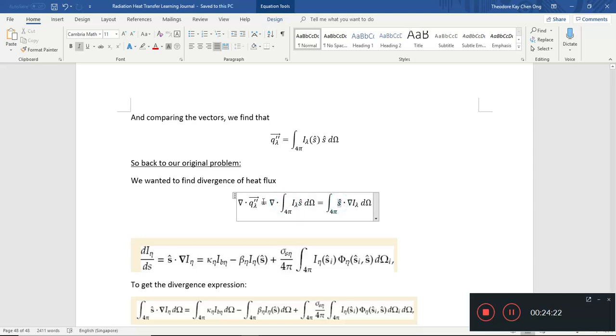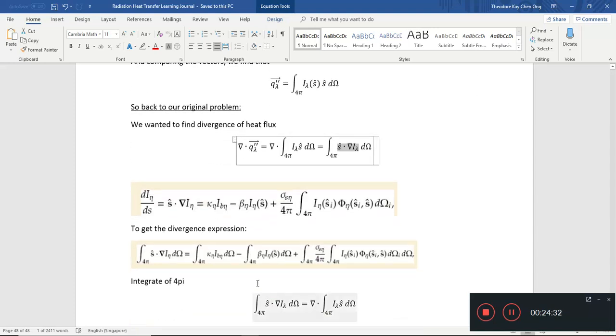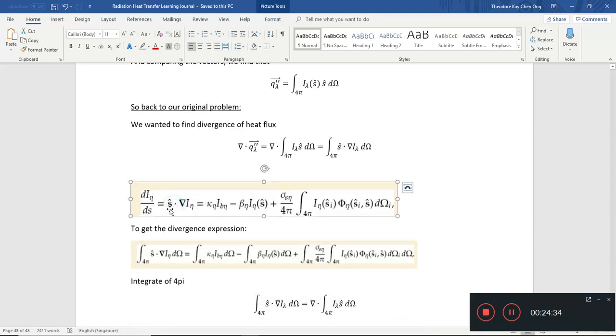But if we were to rearrange it, it would look exactly like this, which is quite conveniently the original formulation of our radiation transport equation, where you find this s hat dot the gradient of the intensity vector.